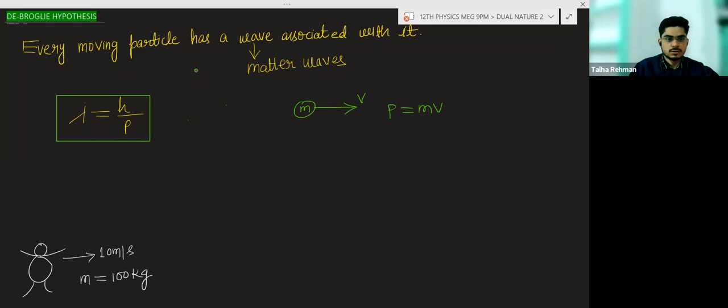Lambda is the wavelength of the matter wave, h is the Planck's constant, and p is the momentum.